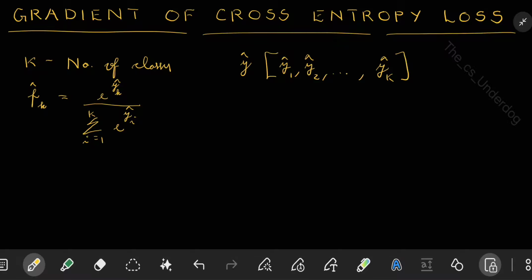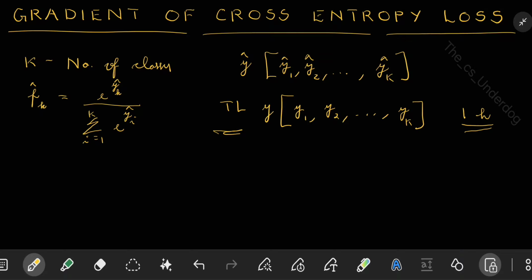Next thing you want to understand is the true label. Your true label y will also be a vector y1, y2 up to yk, same as y cap, but there is a difference. What is the difference that we discussed in the last lecture? The true label will be one hot encoded. So what is one hot encoding?